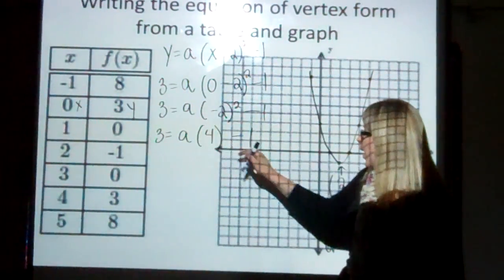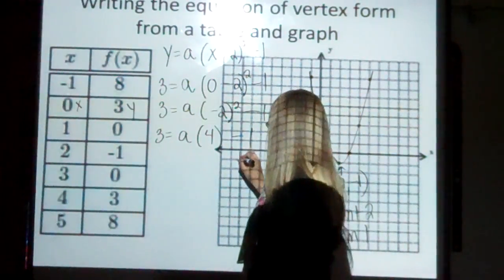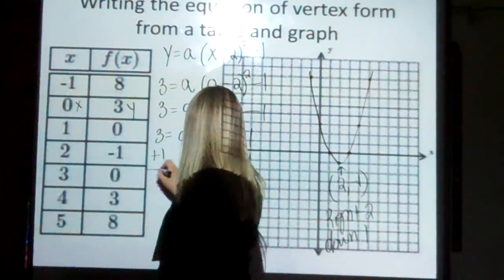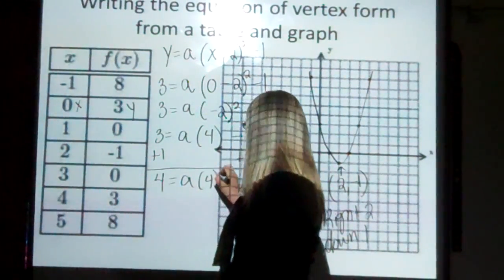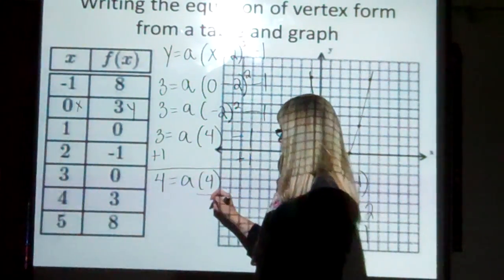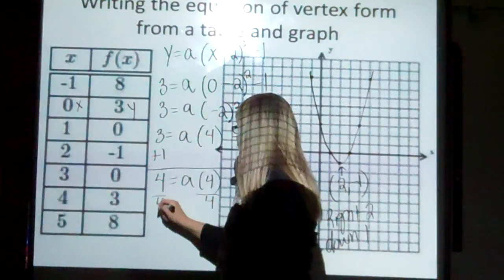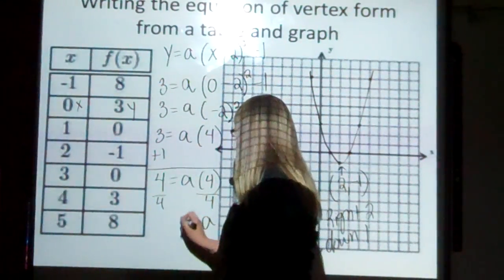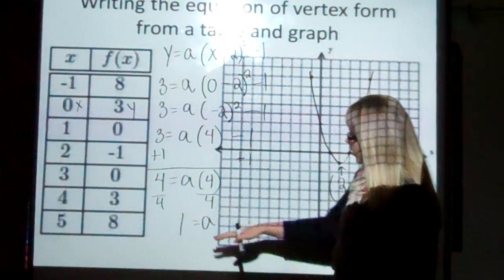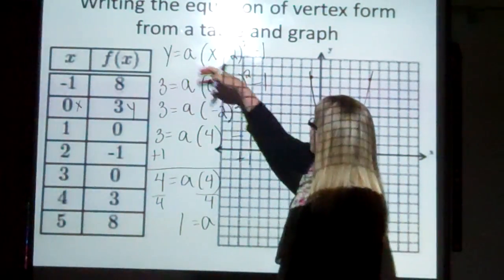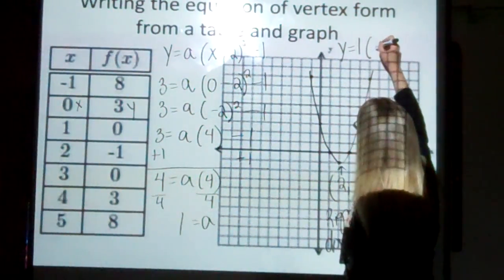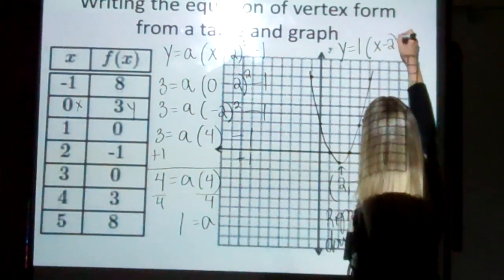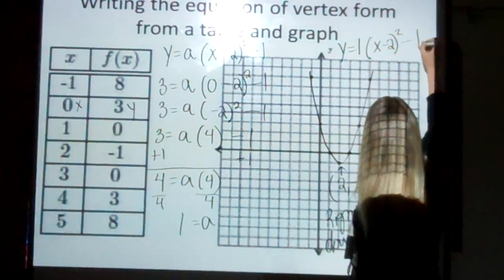In order to solve for a, we add 1 to both sides. So we get 4 equals a times 4, and then to undo the multiplication here we divide by 4 on both sides. So we see that our a value is 1. Therefore, we would rewrite this equation, y equals 1 times (x minus 2) quantity squared, minus 1.